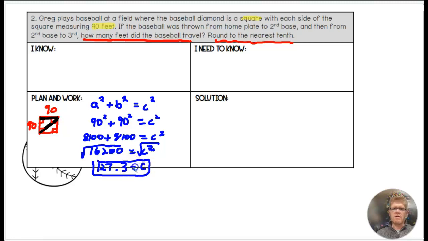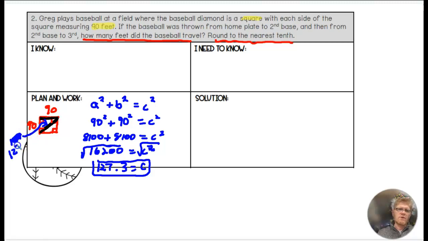So c is equal to 127.3. Now, that does not tell me how far it's traveled. That only tells me this distance right here. This is 127.3 here. What I need to know is how far did it travel.